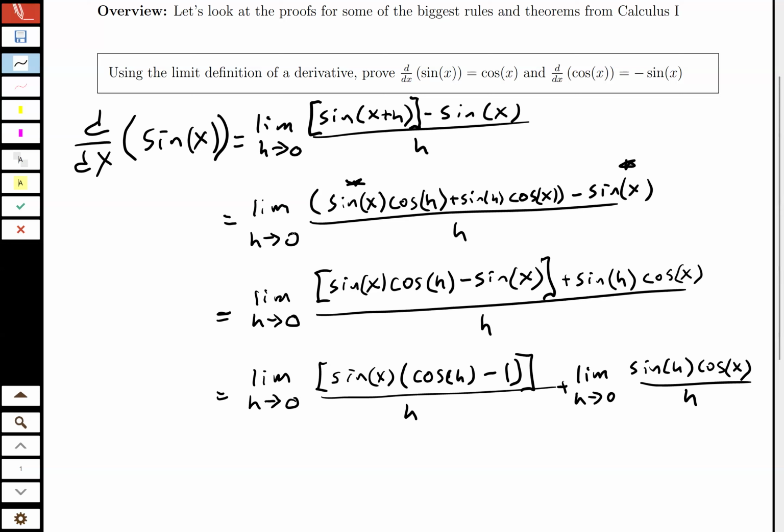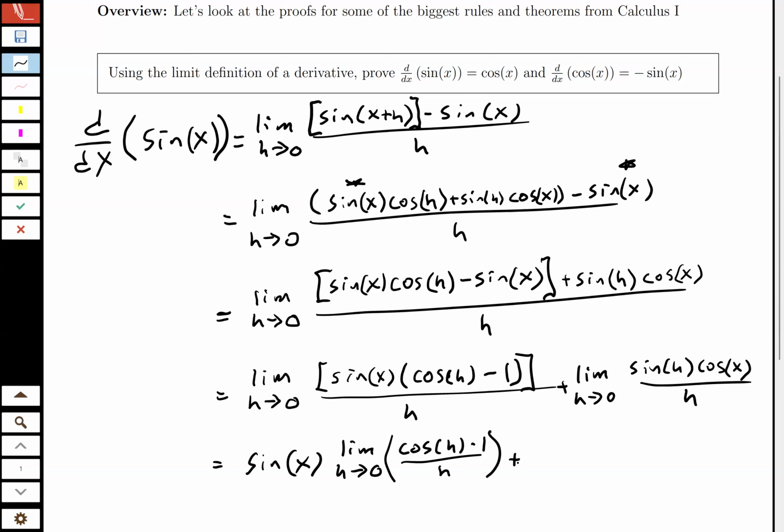So there are two limits here that I really want to explore. This first one, I can pull that sine out. I have the limit as h goes to 0 of cosine h minus 1 all over h.